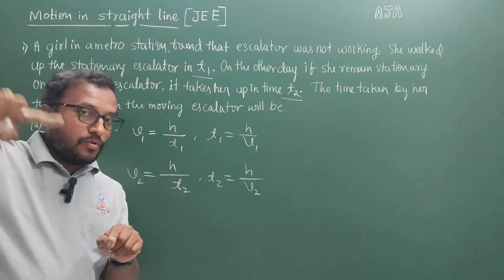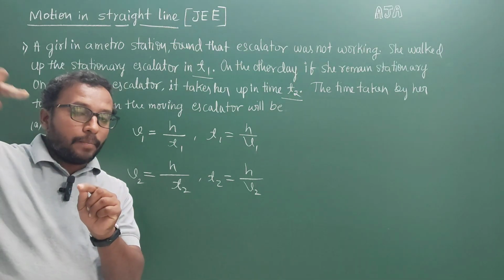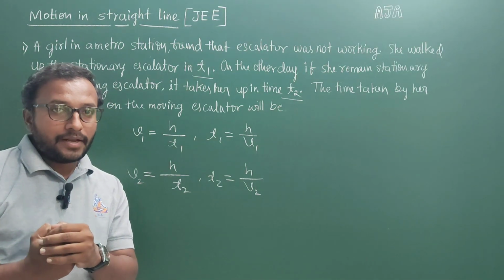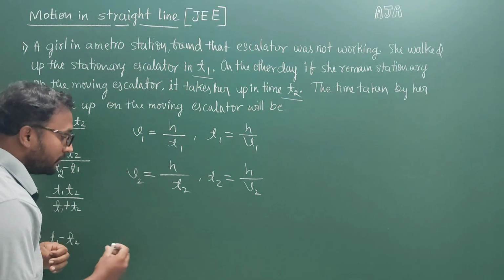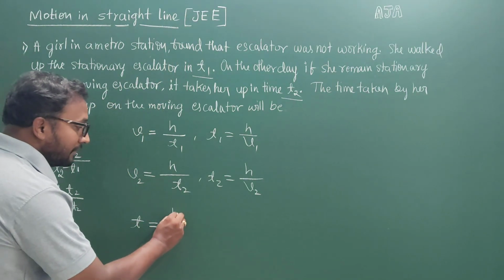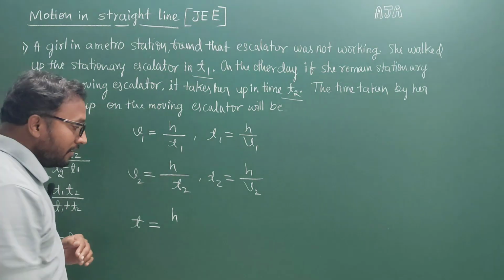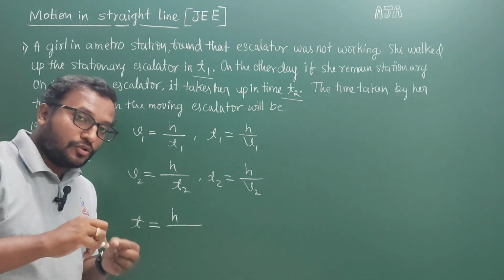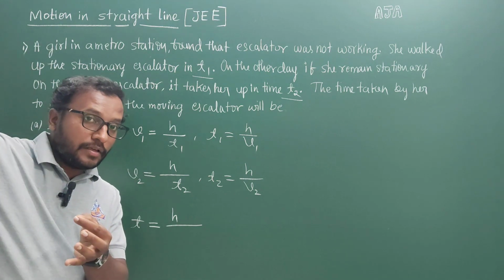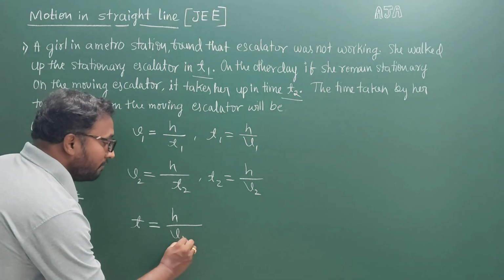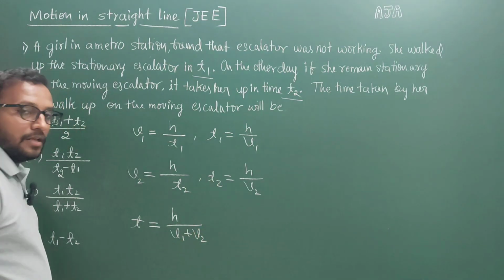Now the escalator is moving and the girl is also walking on the moving escalator. So there are two speeds now, and she manages to go upstairs by taking time t, which can be written as the same height divided by, now the speed is not just v1 or v2, she is moving and the escalator is also moving, so two speeds in the same direction, the total speed is going to be v1 plus v2.